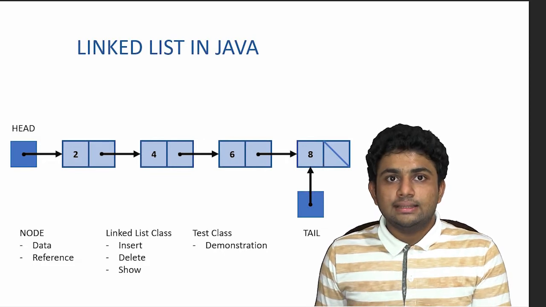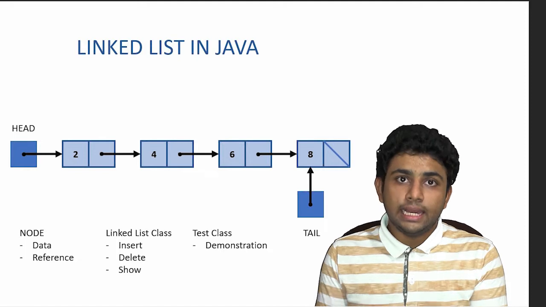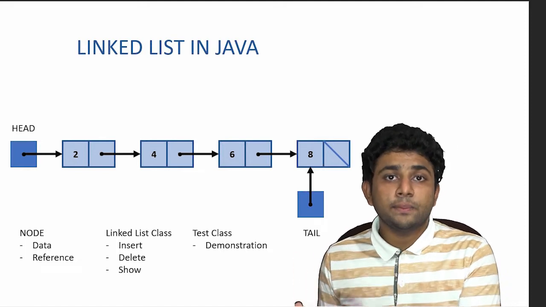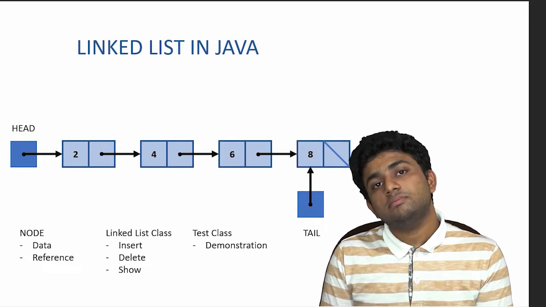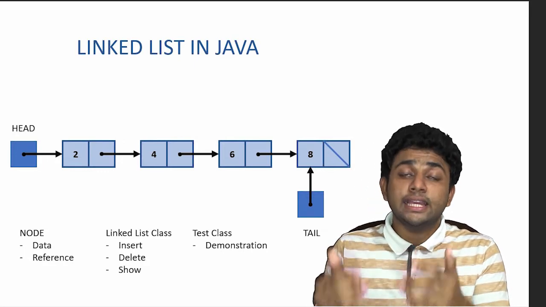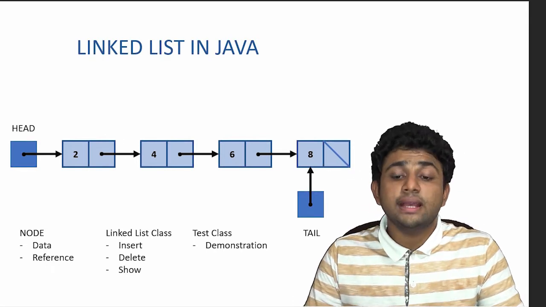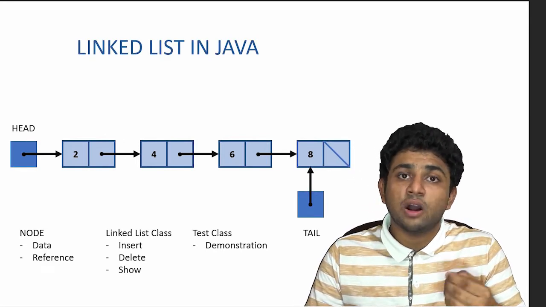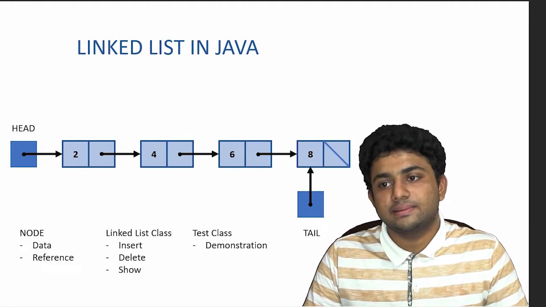But in linked lists, as we are having nodes, each time we add an element to a linked list, we create a separate node and link it with the node beforehand. So we can keep on extending a linked list without any limits. So this makes insertion and deletion of data a bit easier when compared with arrays.